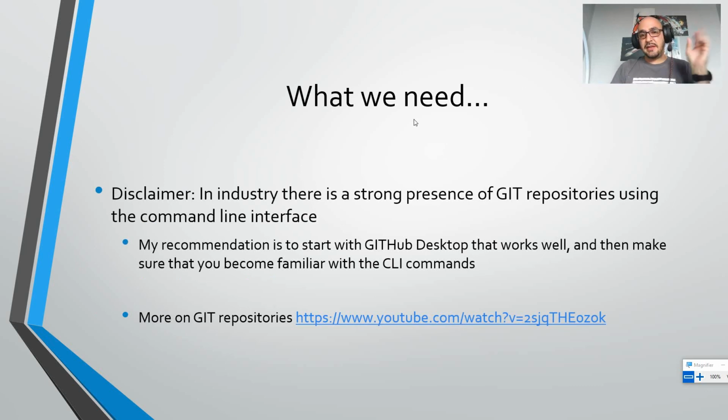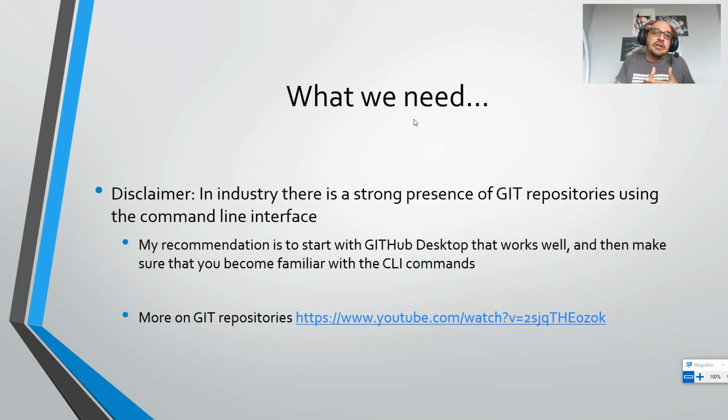In the industry, there is a strong presence of Git repositories using the command line interface. What I normally recommend to my students is to start using GitHub Desktop. This GitHub Desktop is a graphic user interface that is available for Windows, Mac, and Linux, and it works really, really well.